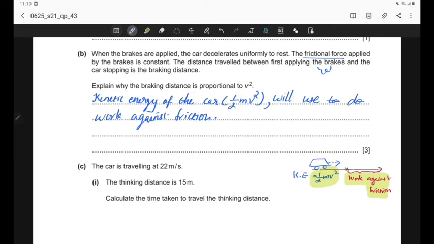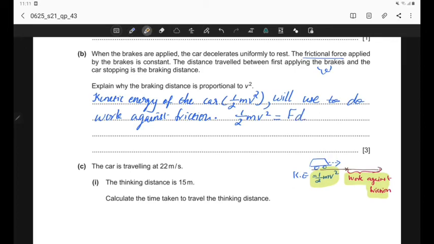So the same statement we can write in terms of an equation: the kinetic energy of the car, which was half mv square, will be converted to the work done against friction, and the equation of work done is force into distance, where here the force is nothing but the frictional force times the distance, or braking distance. We can denote it with the letter d.